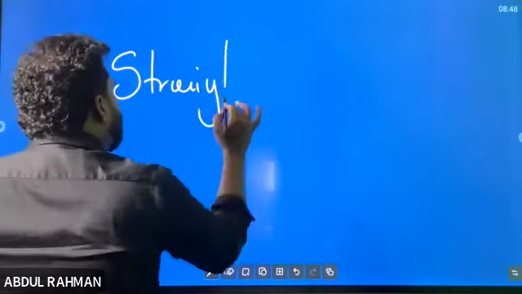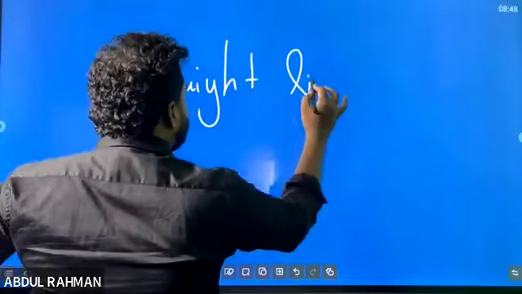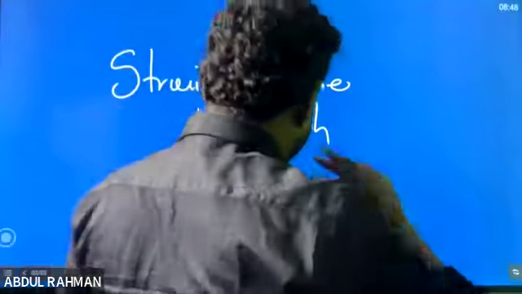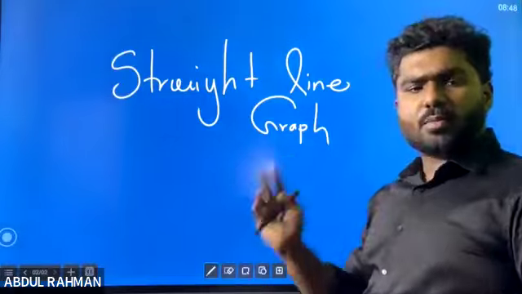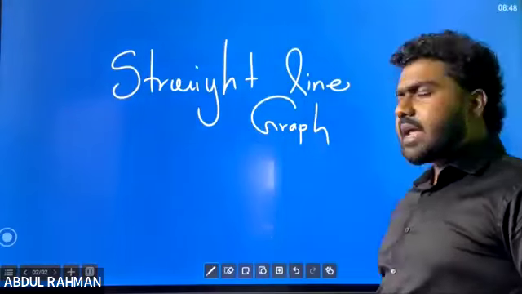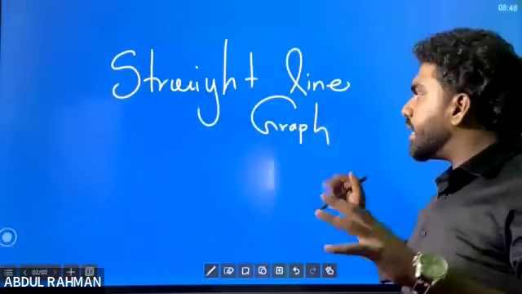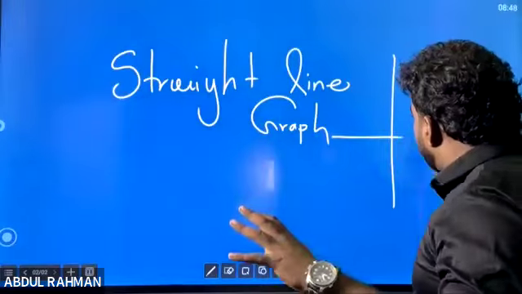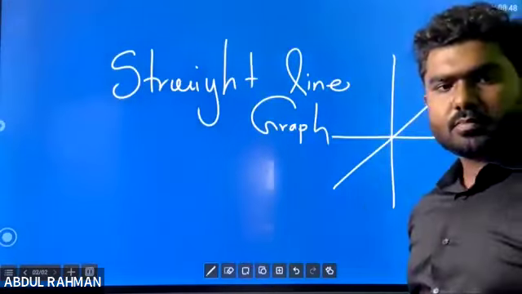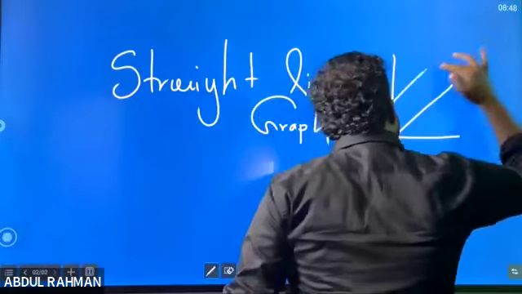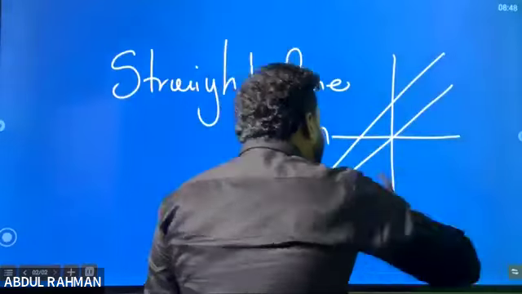You have been studying straight line graphs from your grade 9, the graph which you were drawing like this, like this, like this.